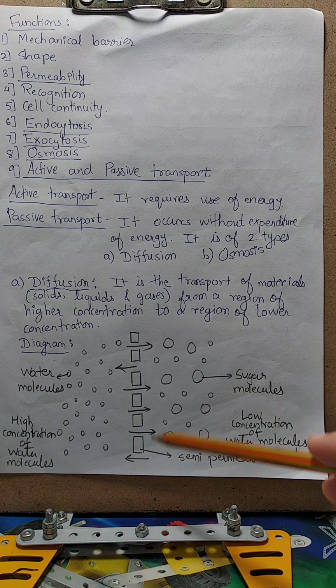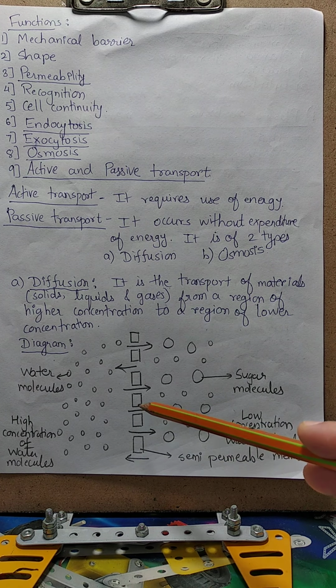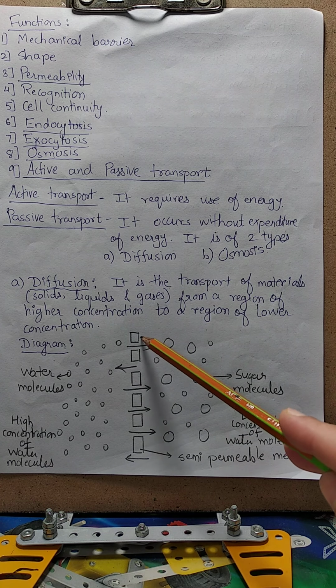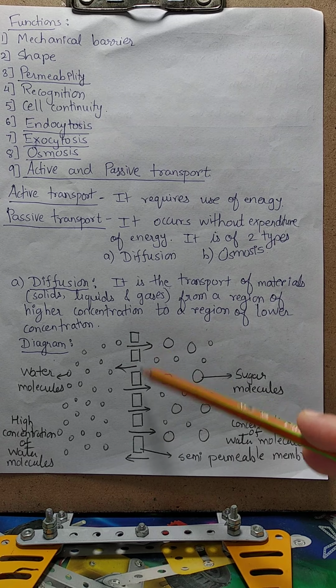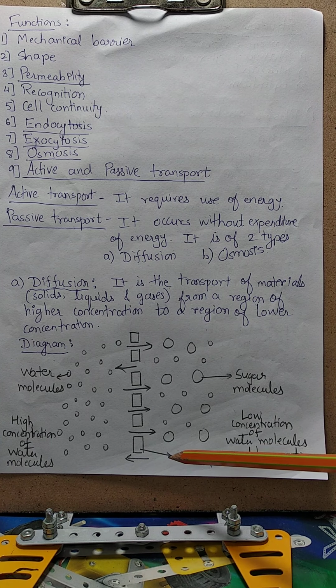Now let's understand this diffusion with the help of this diagram, which clearly tells what is diffusion. See, this line is nothing but a cell membrane. We already know that cell membrane is a selectively permeable membrane.